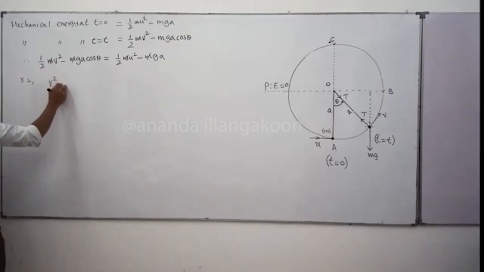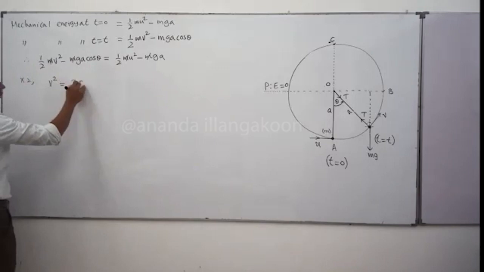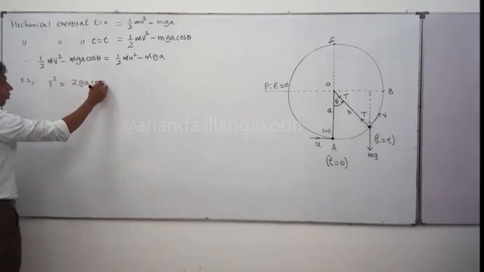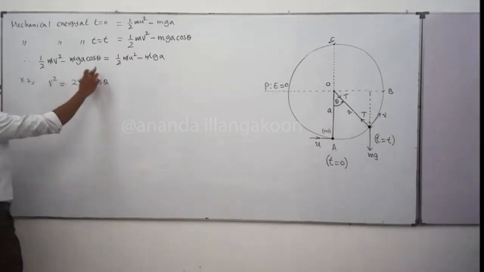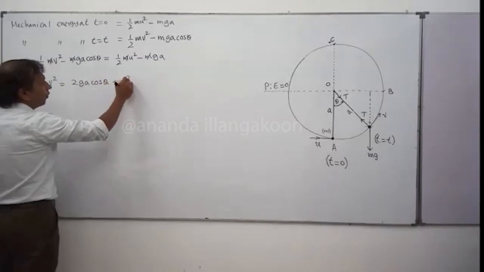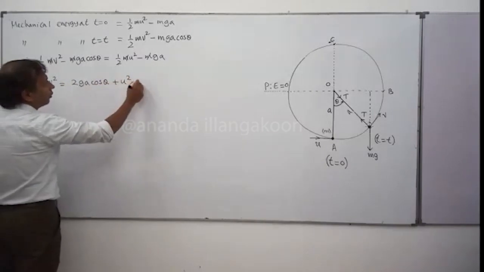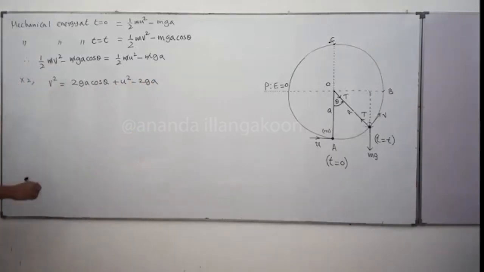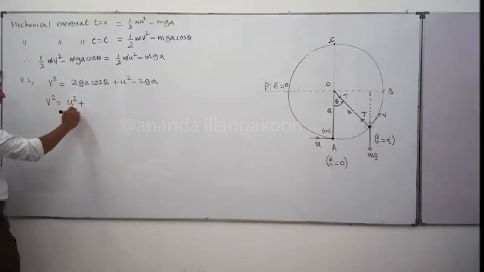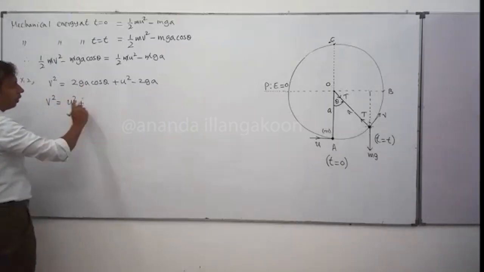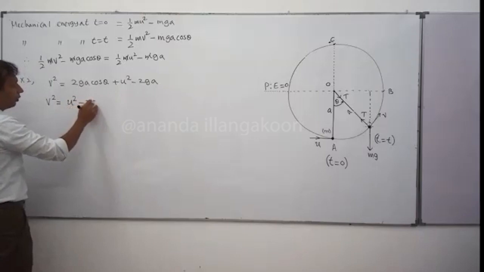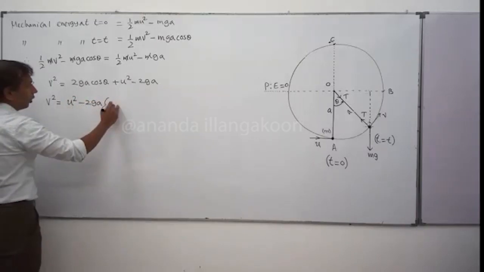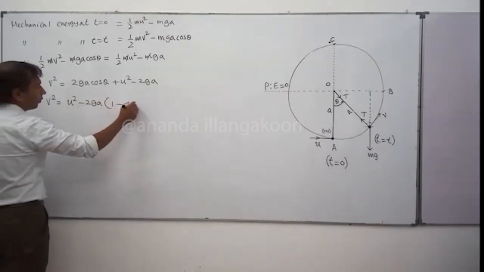Then we get v squared is equal to u squared minus 2gA times 1 minus cos theta.